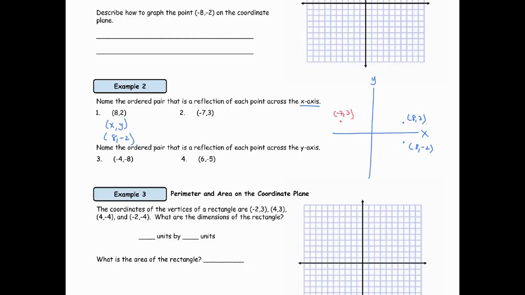So our reflection will be right about here. That's negative 7, negative 3. Based on these two examples, you can see that when you have a point reflected across the x-axis, the x-coordinate stays the same, and the y-coordinate becomes its opposite.